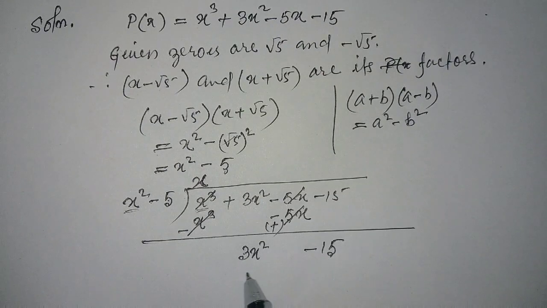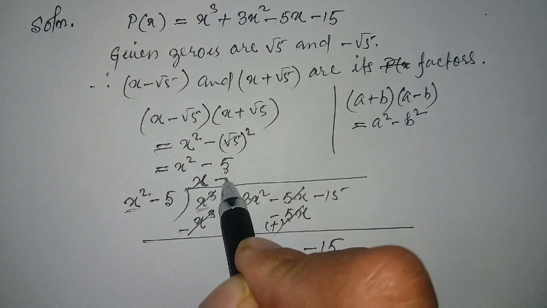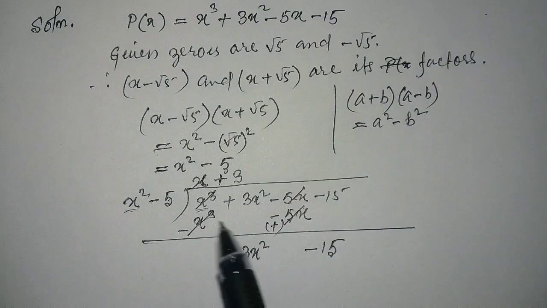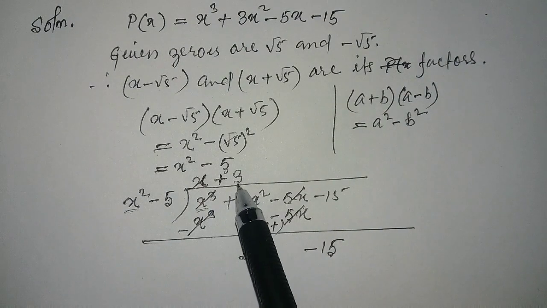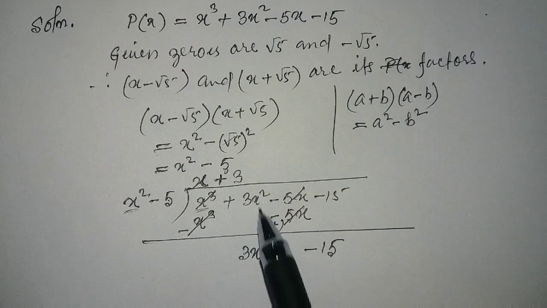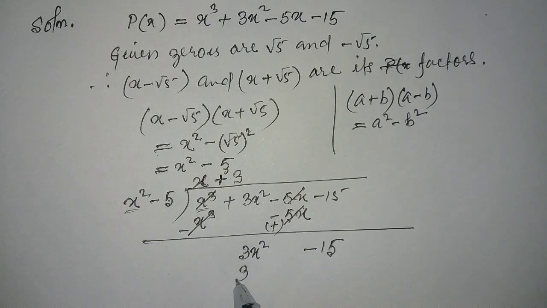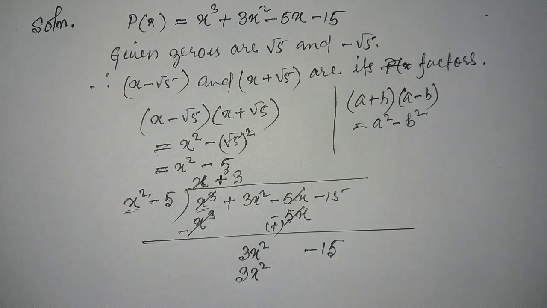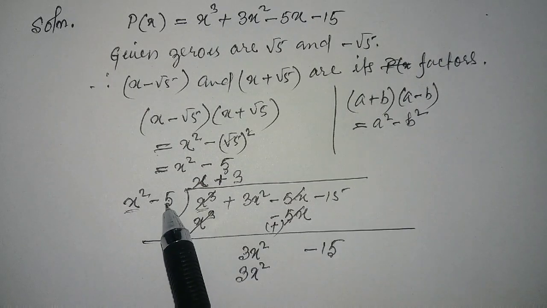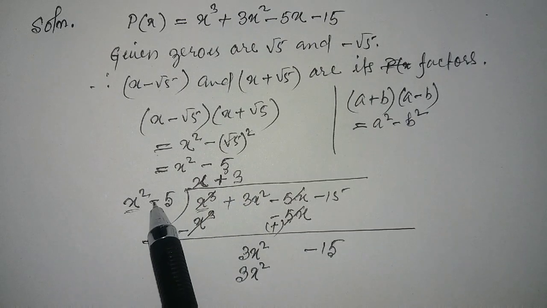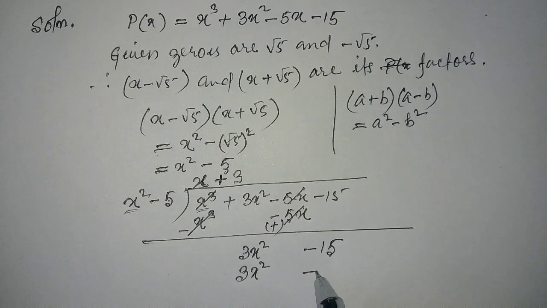To get this 3x square, again I'm going to write plus 3. Now if I multiply x square and 3, I will get 3x square. And I have to multiply this 3 with 5 again: minus into plus is minus, and 5 threes are 15.